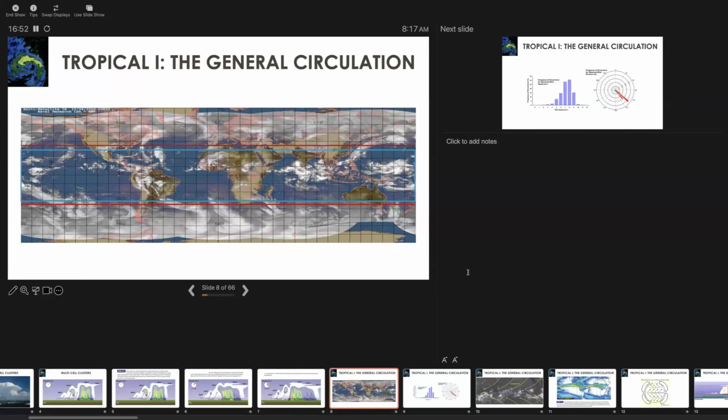So this diagram here is a composite satellite image, meaning it's a mosaic. It's a snapshot of all the satellites around the planet. Okay, and I've drawn in the blue lines here. So here's the equator right there, 10, 20, 25. The blue rectangle is essentially 23.5 degrees north and south, and the red is 30 degrees north and south.